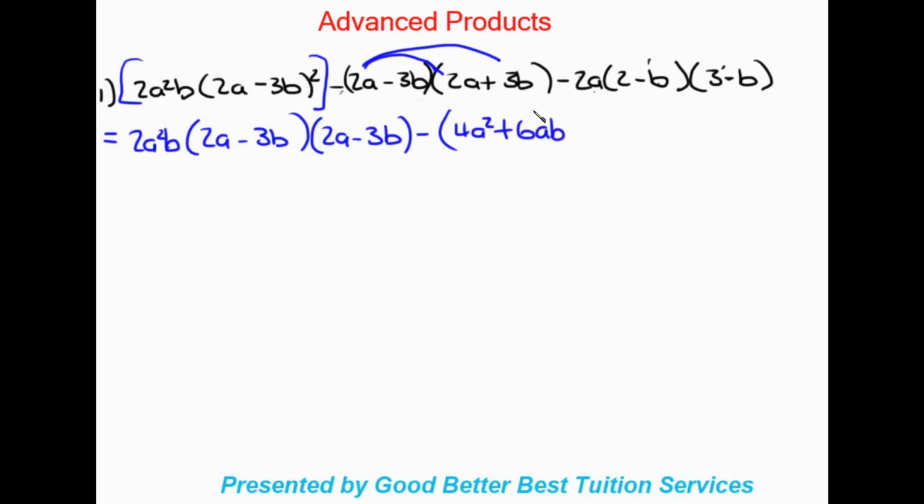Negative 3b times 2a gives me negative 6ab. And then a negative 3b times negative 3b gives me negative 9b squared. Sorry, negative 9b squared. And straight away we can see here that we can cancel out these in the middle, because it's negative 6ab plus 6ab. Additive inverses that will cancel each other out.